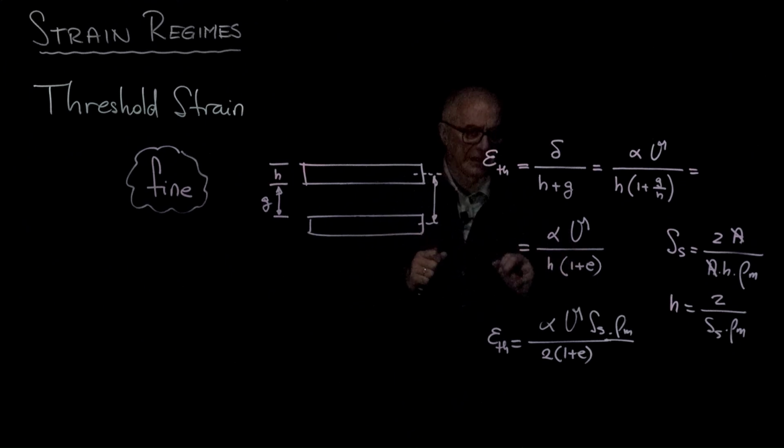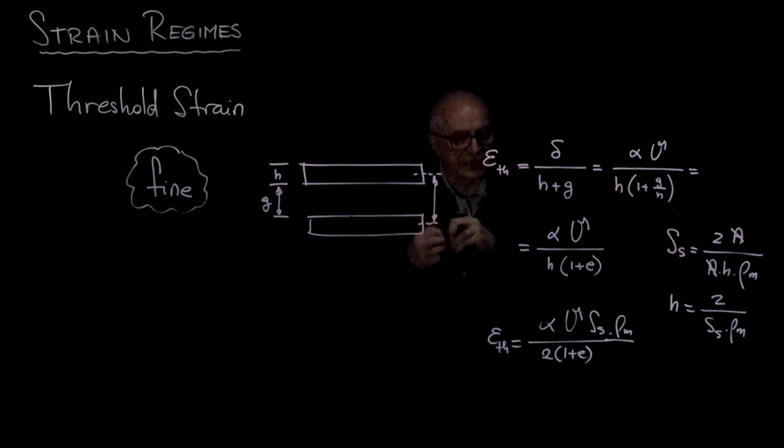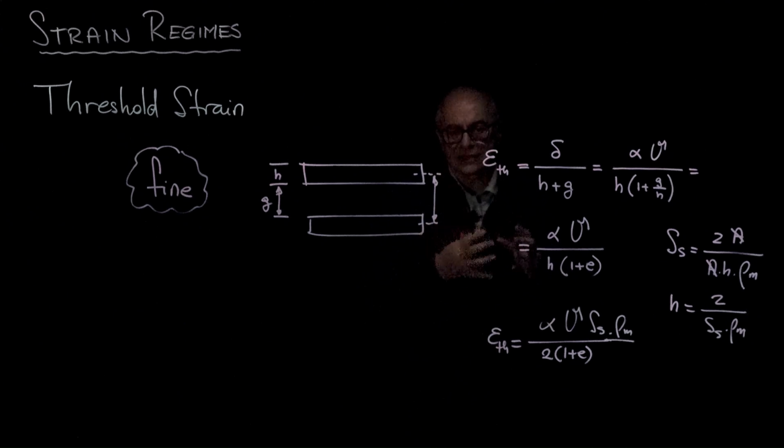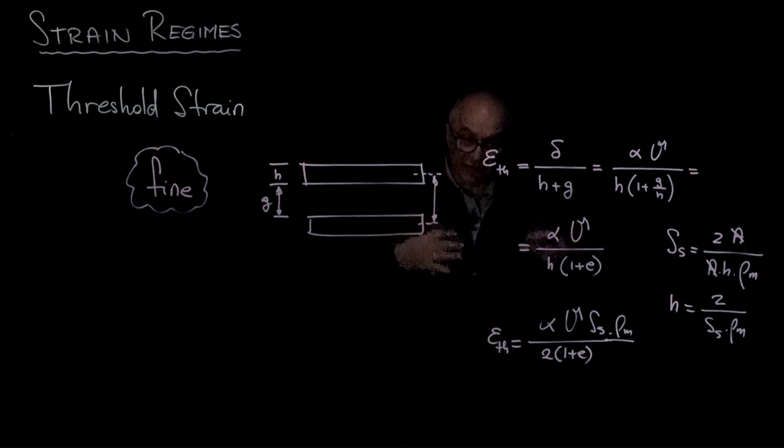Summary. If we go back to coarse grain materials and contact behavior between spherical particles, Hertzian type, we saw that the threshold strain increases with the confinement. When we think in terms of fine grain materials, that is still the case.